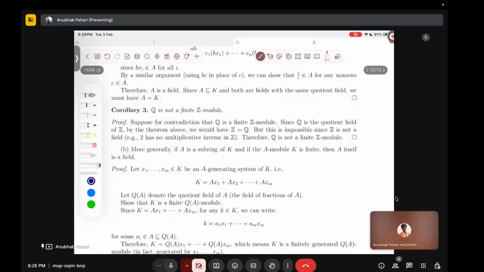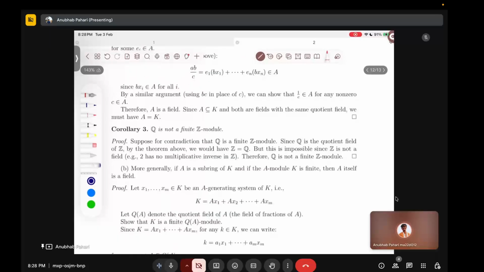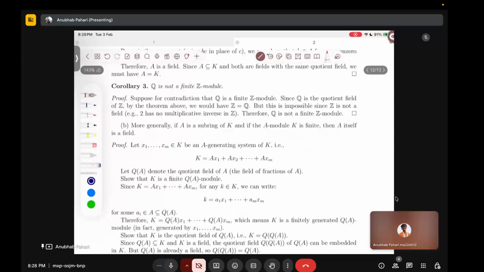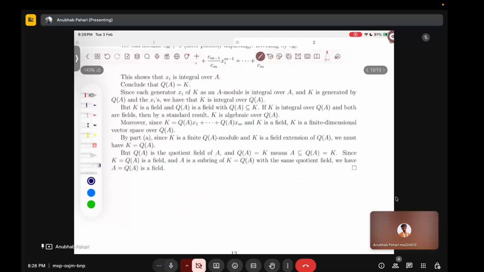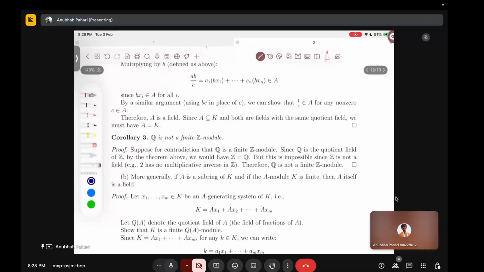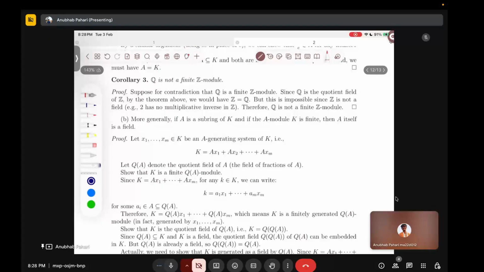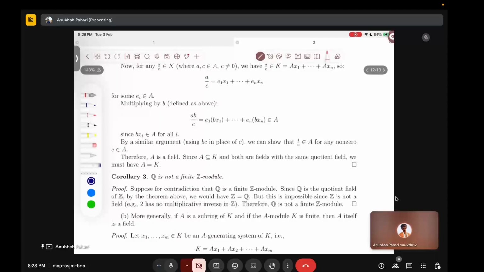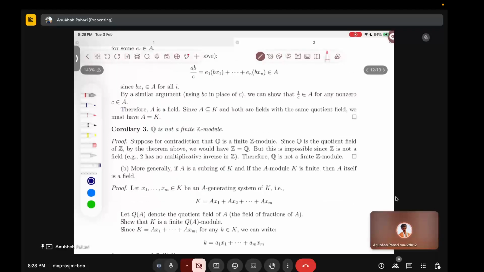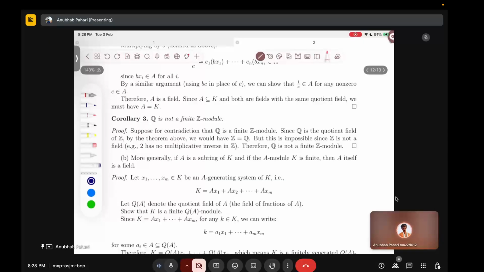Now a simple corollary from here, it follows that you can show that Q is not a finitely generated Z module. This is 2 or 3 lines. So can you look into it and say whether you understand or not?